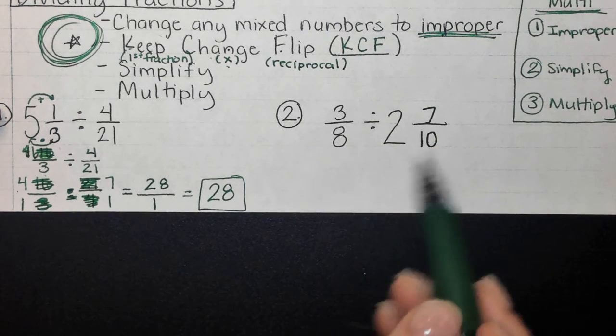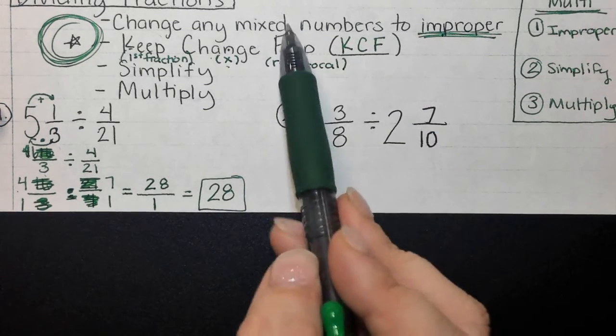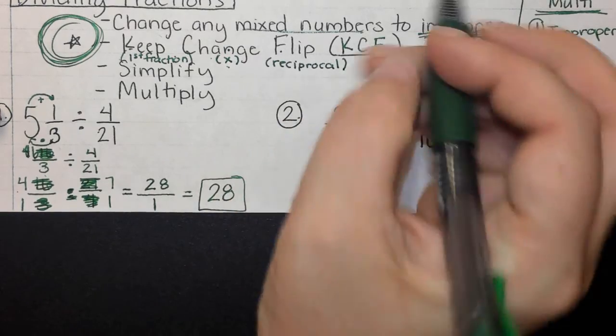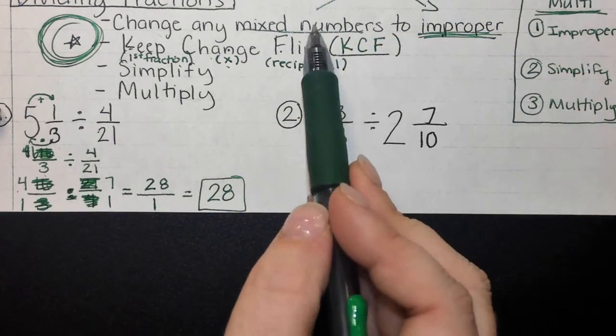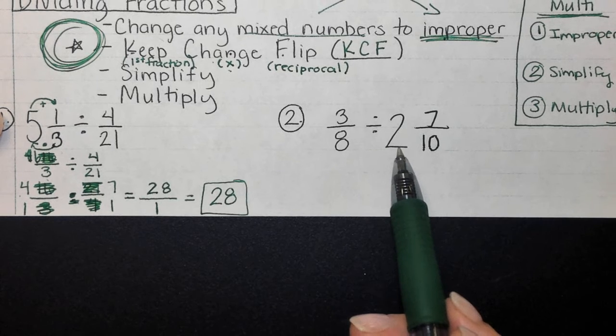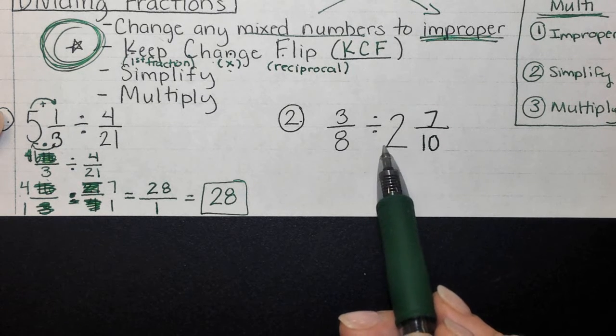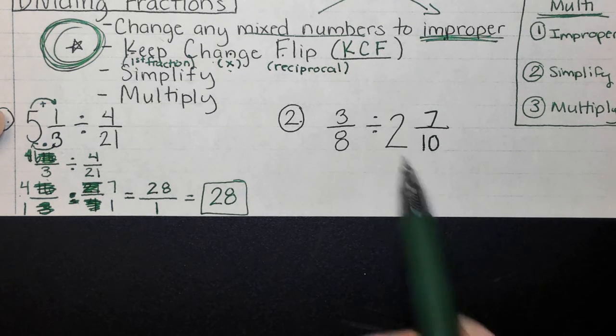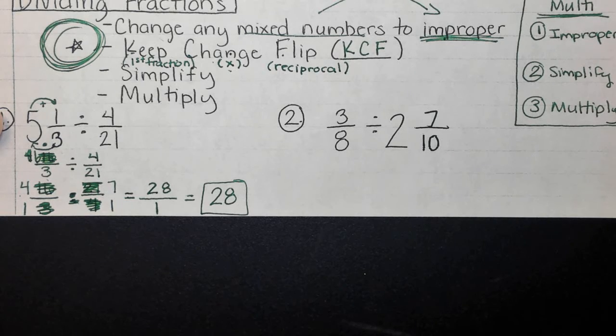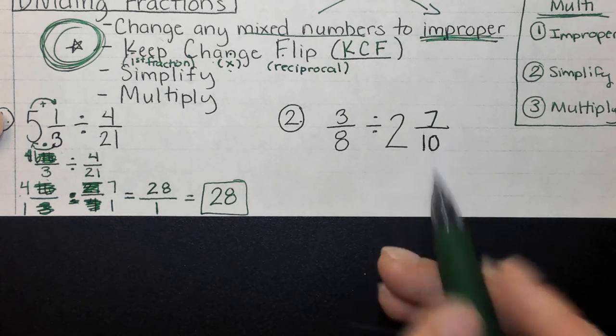Number 2. Do I have any mixed numbers that need to become improper on number 2? RJ, what needs to change? Yeah, 2 and 7/10.